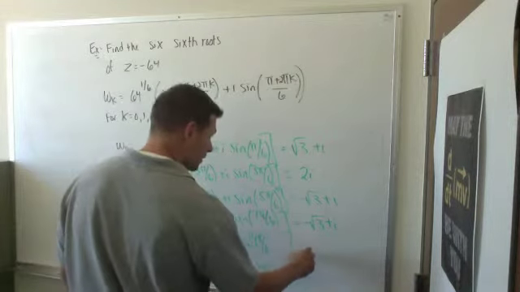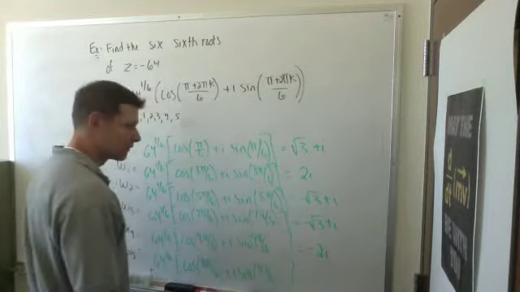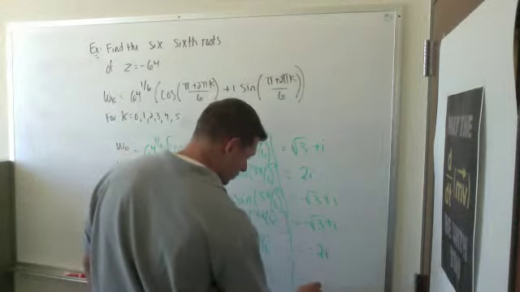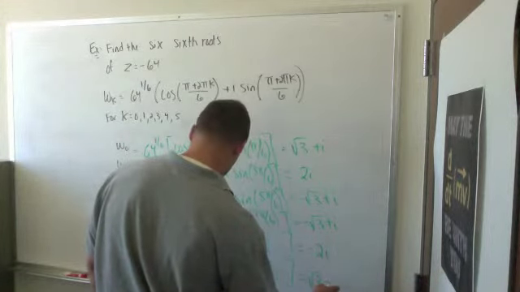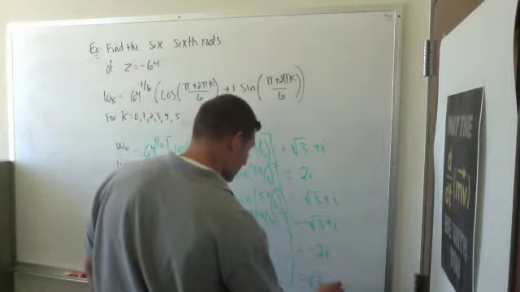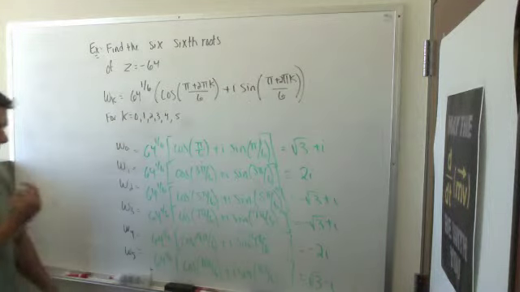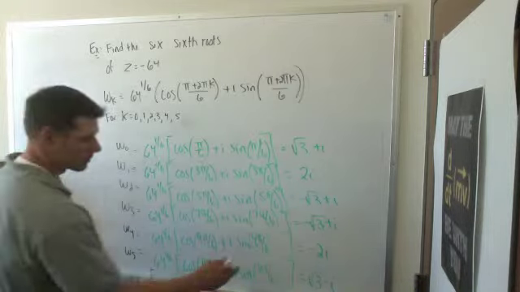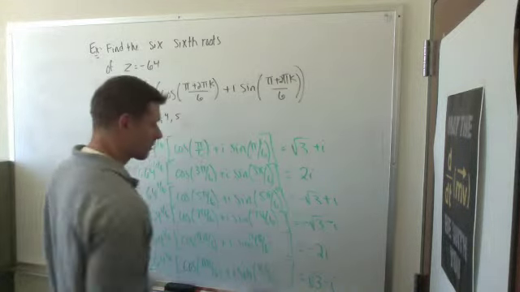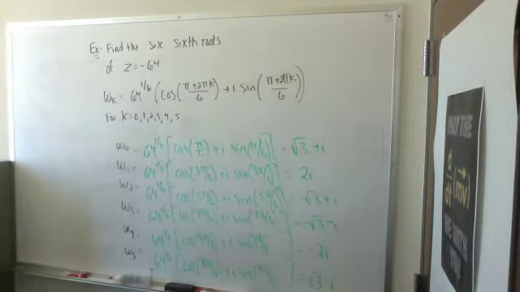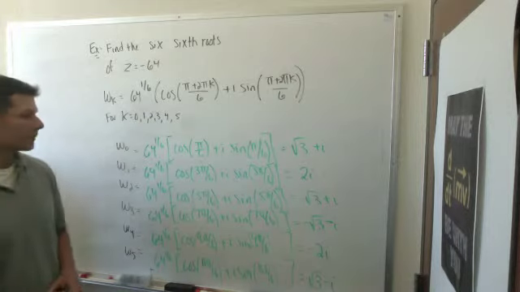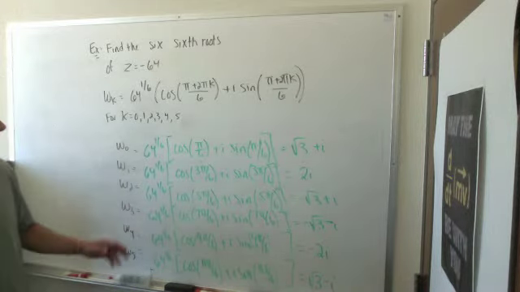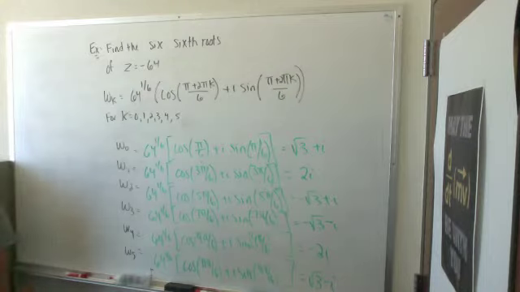I'll get negative 2i here and root 3 minus i here. Hold on, I think we might have an error there. Yeah, that one's plus. This one's minus. That's why. There we go. That's it. Okay. All right. So this is finding the six roots of z equals negative 64.